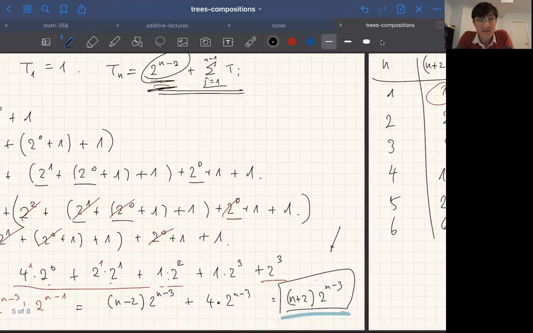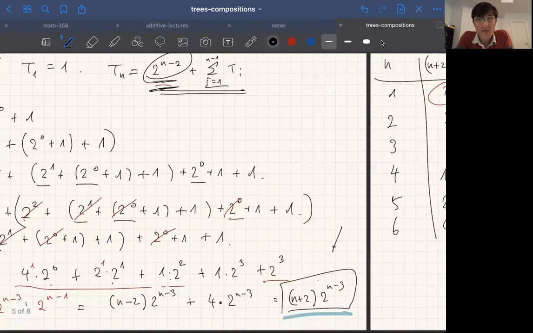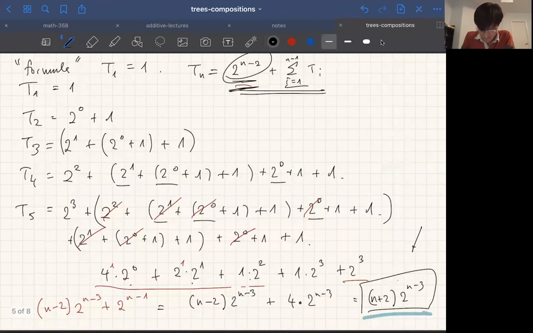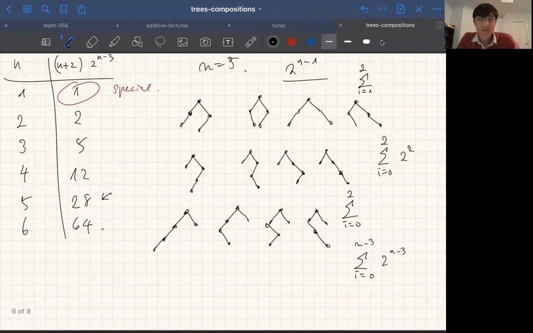I'd be okay to end the video here, but I think I shouldn't end the video before trying to make a stab at an explicit bijection, because that's really what motivated me to originally make these videos, because I really find it very mysterious that on the one hand we have trees, and all these trees have size n, and on the other hand we have compositions of the number n, and the trees are supposed to correspond to a 1 in a composition.